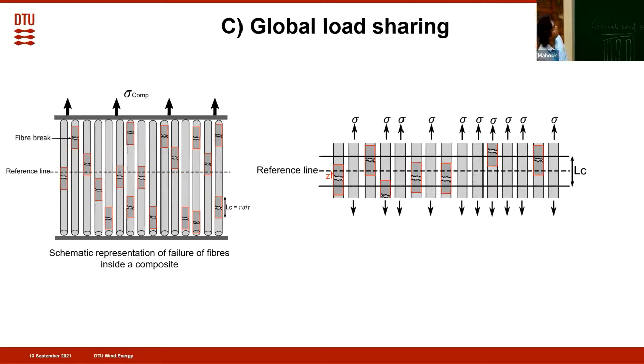All the fibers in the composite can be divided into two parts. One is broken fibers, represented here in the red line, and the other is unbroken fibers. The unbroken fibers take the complete load, as you can see. But among broken fibers there are two types.